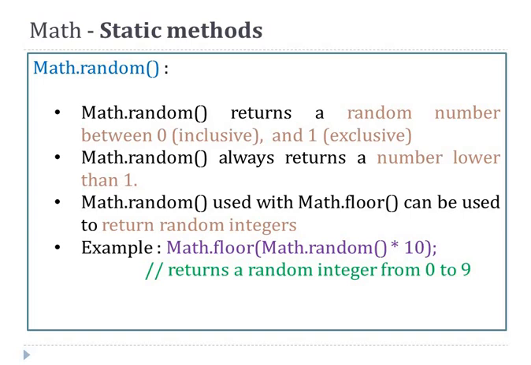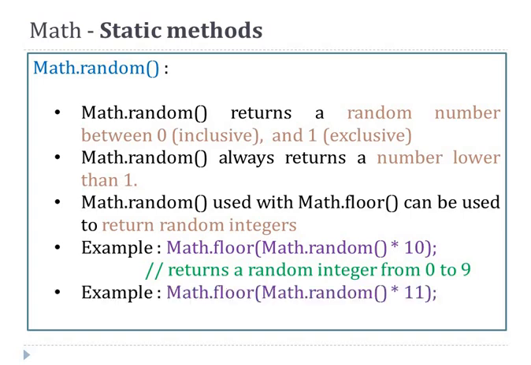It will return random integers within the range 0 to 9. 10 will be excluded. Just like that, if you pass Math.random multiplied by 11, then this function will return 0 to 10.